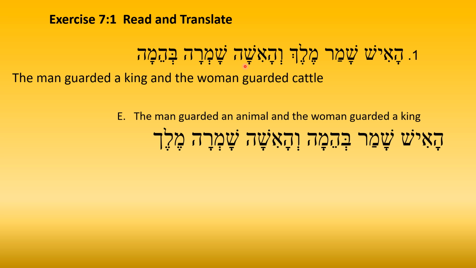Ve'ha'isha shamra melech instead of behema. But you can still copy and paste this whole sentence, put it down here, and just substitute what needs to be substituted. Might be faster, might not. Maybe it's faster just to write it out on your own. However you want to do that is fine, or transliterate it.